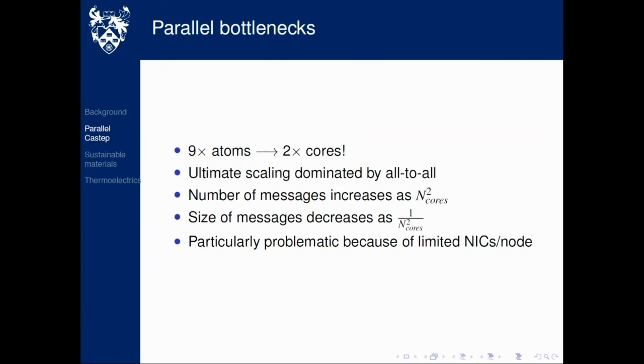And this is particularly problematic for 2 reasons. Firstly, that means that not only am I sending more and more messages, but they're getting smaller and smaller and smaller. And that means that I become much more sensitive to the network latency. For big messages, I gain if I have a high bandwidth network. I'm sending lots of data, so I care about how much you can pump through the network.